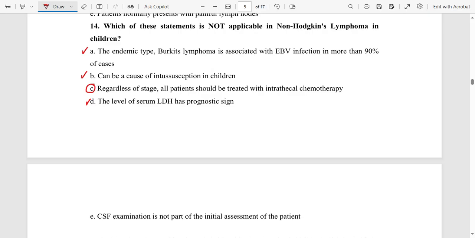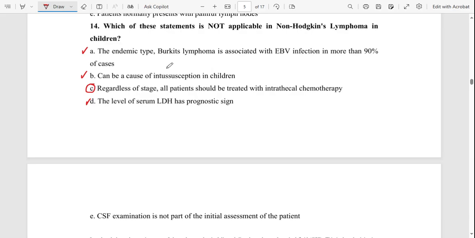CSF exam is not part. Oh, this one is actually saying is not part of the initial assessment and is supposed to be part. So this question is asking of which of the following is not applicable in non-Hodgkin's lymphoma in children.